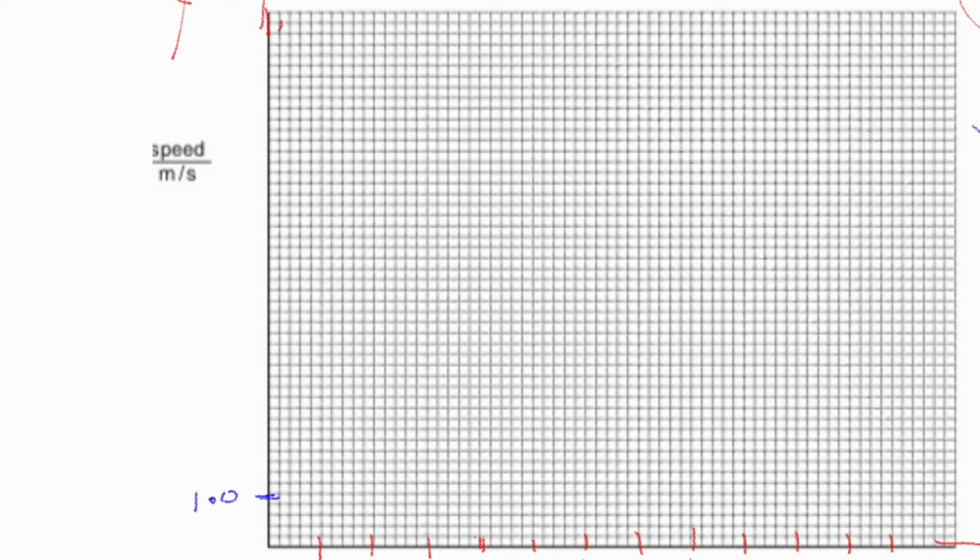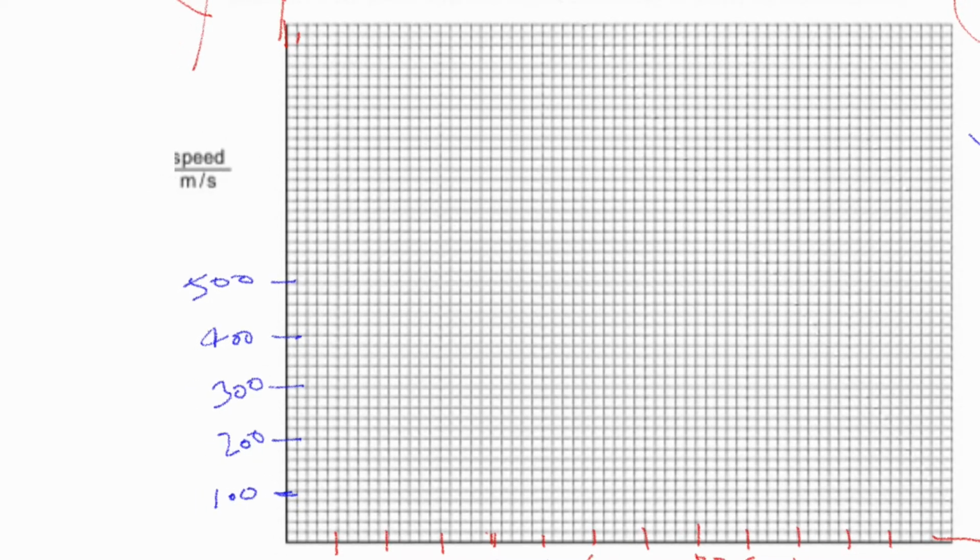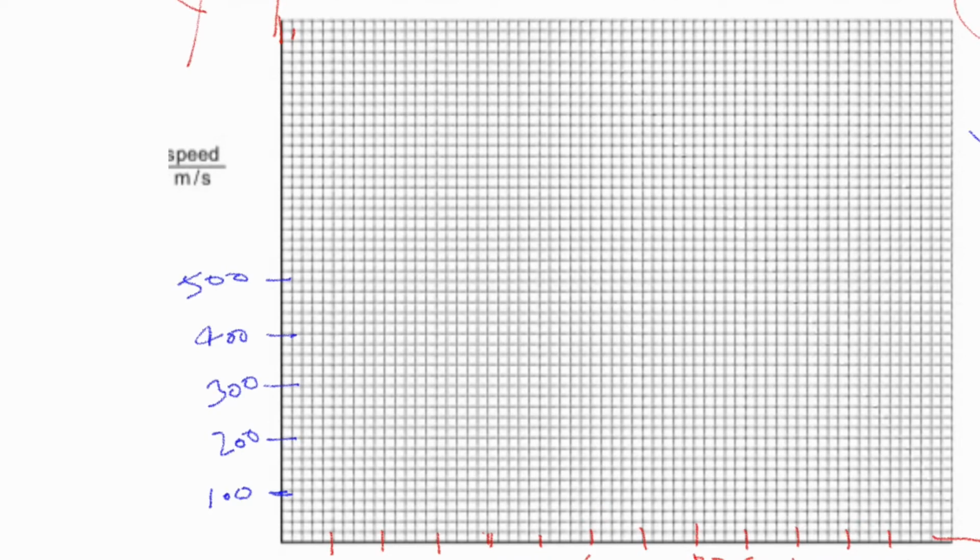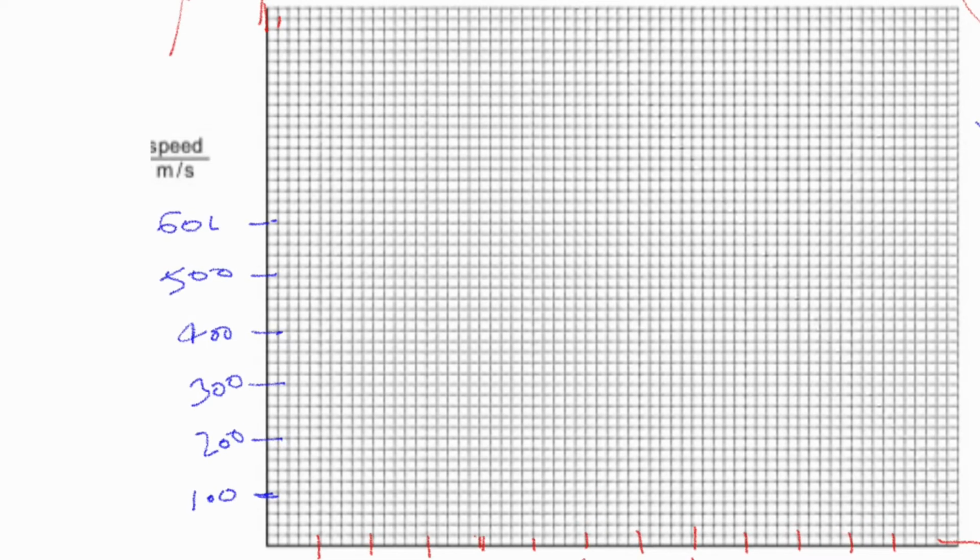So here 100, then again 1, 2, 3, 4, 5, 200, then again 300, then 400, then 500, then 600, then 700, then 800, then 900.